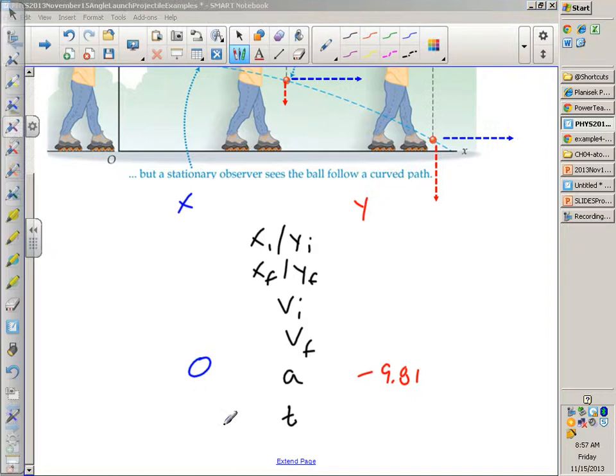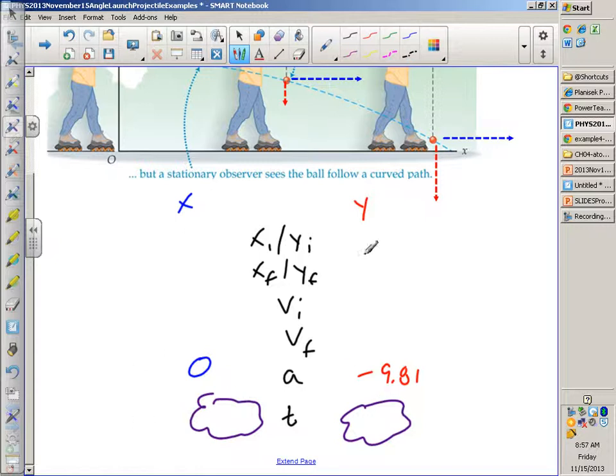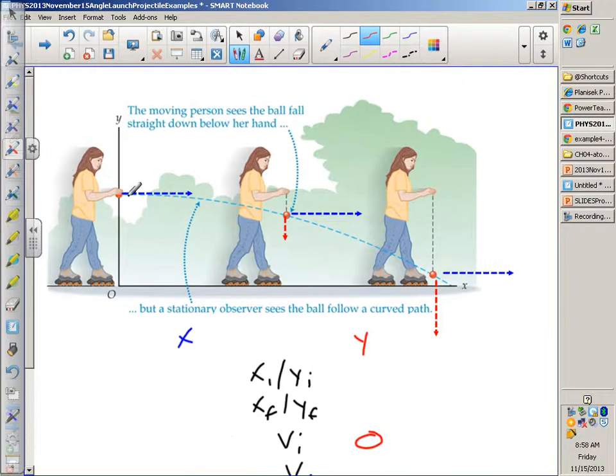The time here and the time here have to be the same because the horizontal and the vertical motions occur simultaneously. So however long the time is for one, it's got to be the time for the other one. And then one important thing that we did yesterday was that initial velocity on the vertical axis was 0 because when this object became a projectile, when it came under the influence of gravity, it was traveling horizontally because of the fact that it was being held by this girl as she was moving along.